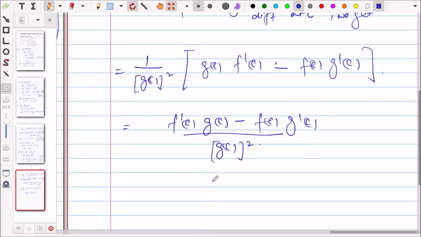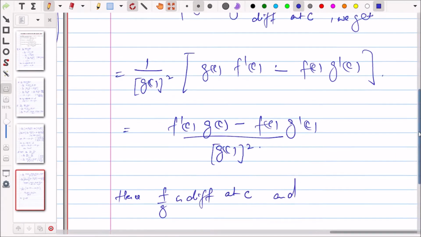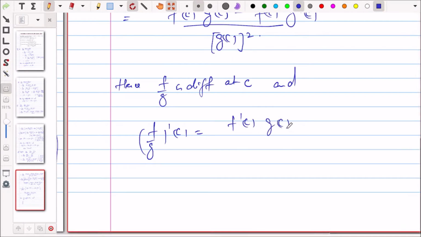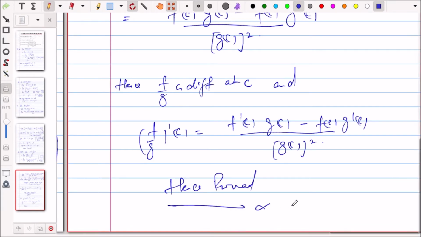Fine? Is it fine? So hence f by g is differentiable at c and (f by g) dash c is equal to f dash c g(c) minus f(c) g dash c upon g(c) square. So this is your quotient rule. Okay, so this completes the proof of a theorem.